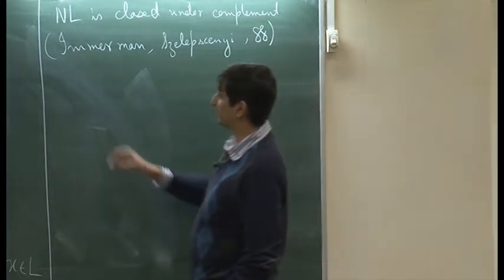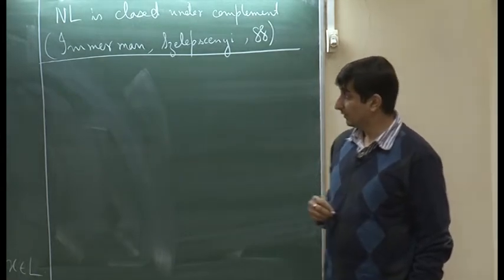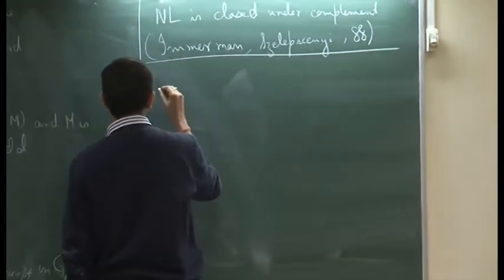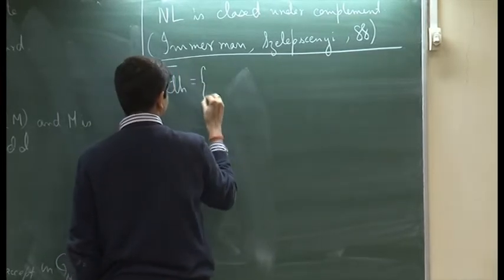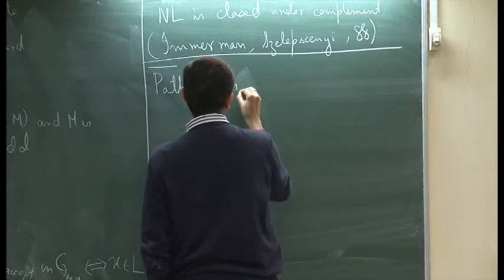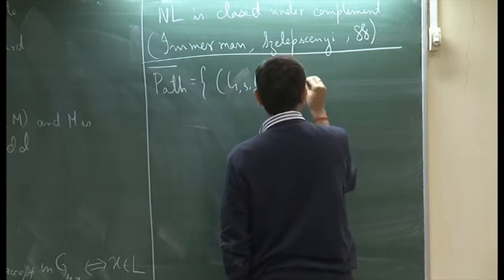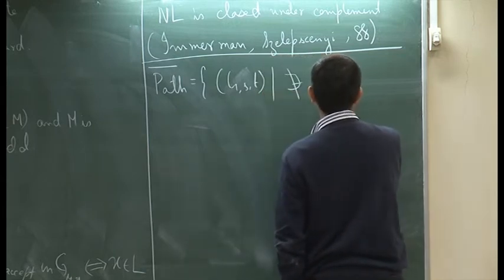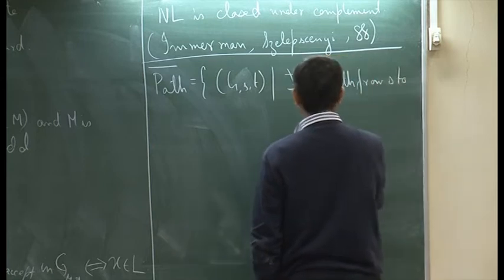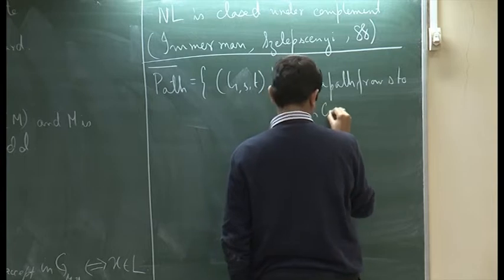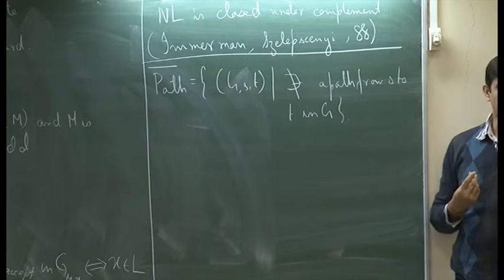So, we will look at the proof of this theorem today. What we will show is that the language path complement is the set of all instances G S T such that there does not exist a path from S to T in G. Okay. And path complement is a complete problem for co-NL.